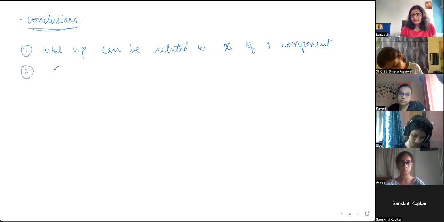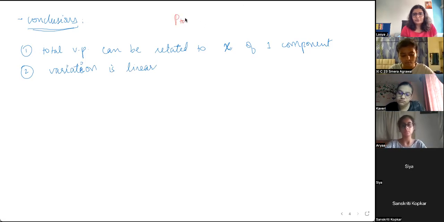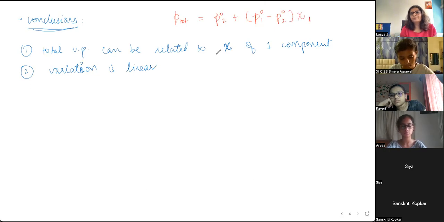Another thing we can see is the variation is linear, just like Henry's law. Let me write that again here. So P total will be equal to P02 plus P1 naught minus P2 naught times the mole fraction of 1.